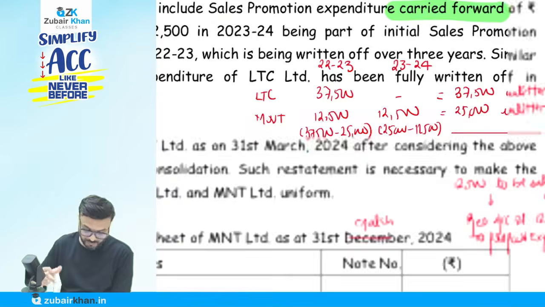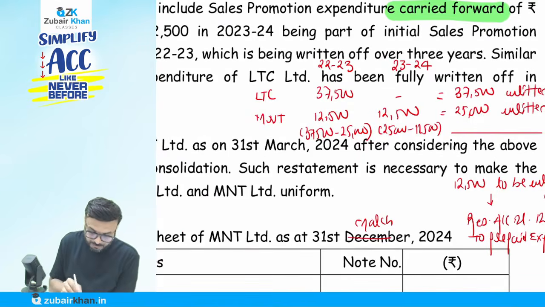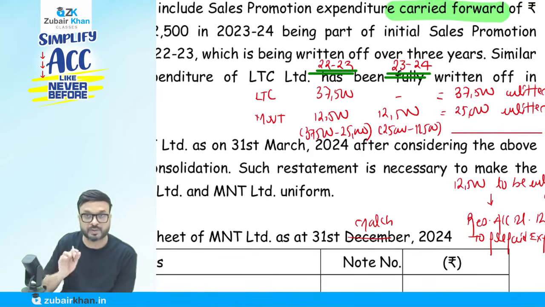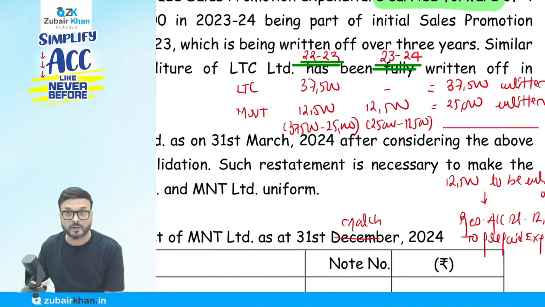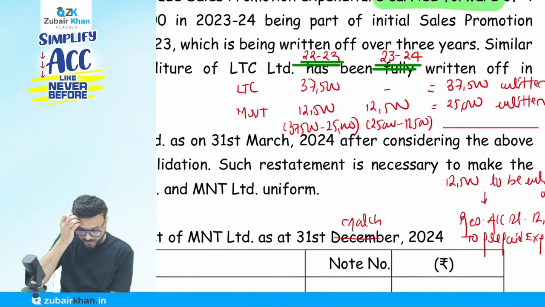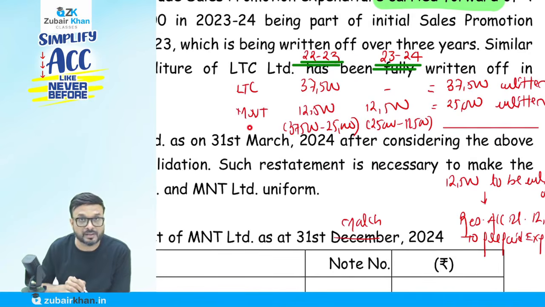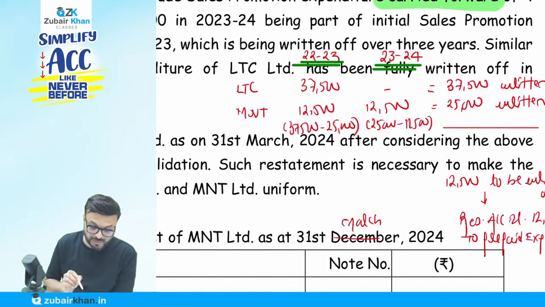Now listen carefully. What happened in 22-23? They incurred some sales promotion expenses that year. M&T is a subsidiary company, so they are writing off over a period of 3 years. The total expense was 37,500.